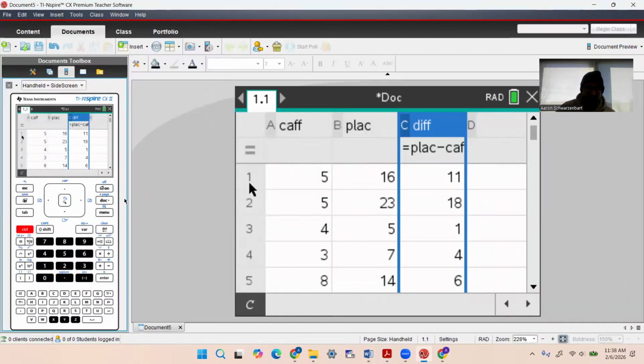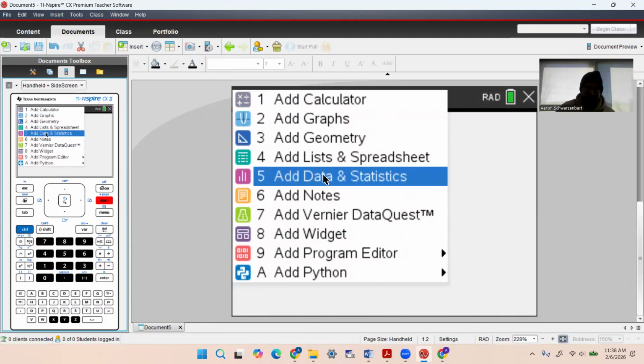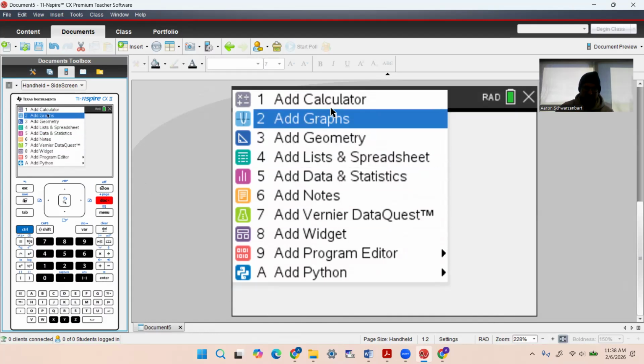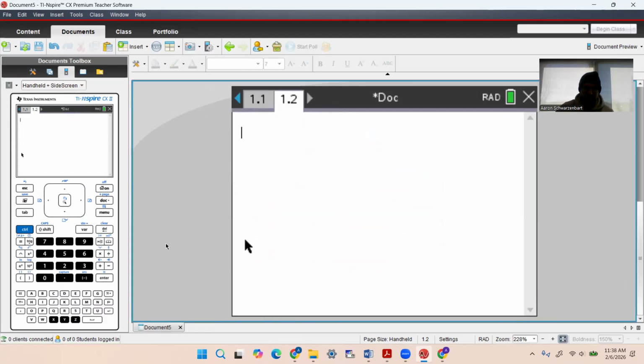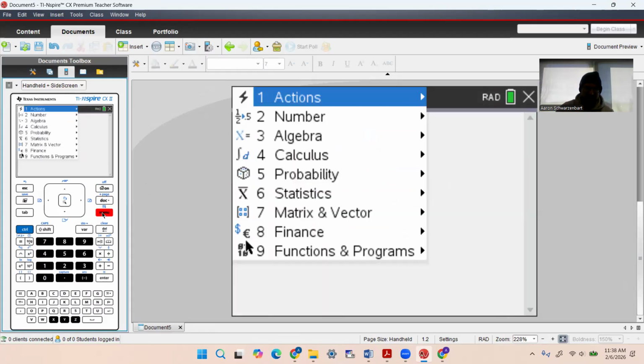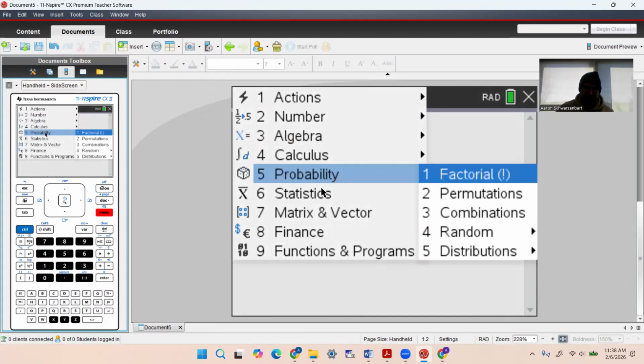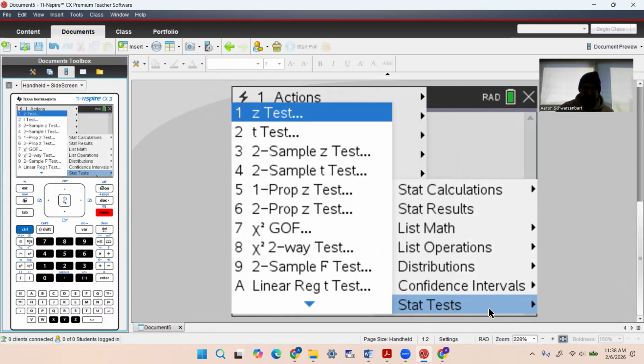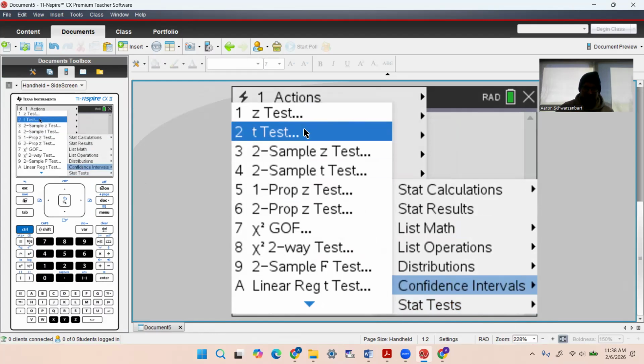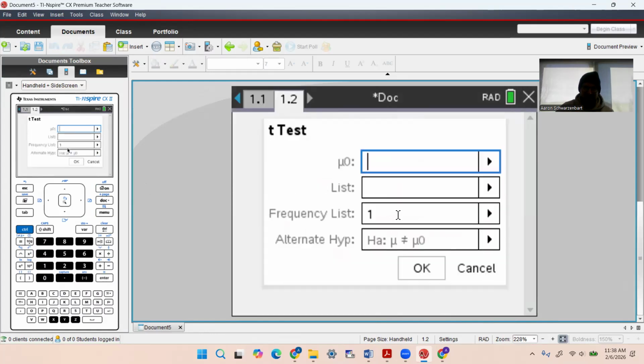Without having that stem and leaf plot made, I would have added a data and statistics page and looked at that. But since it was already made for me, I'm just going to use the one that was in the book. Stats, I'm going to run a t-test on data. I assume the difference was 0.